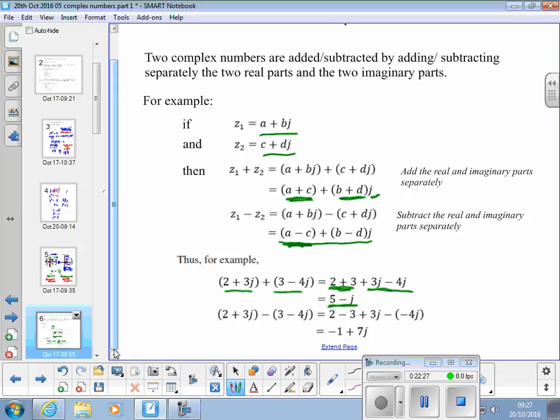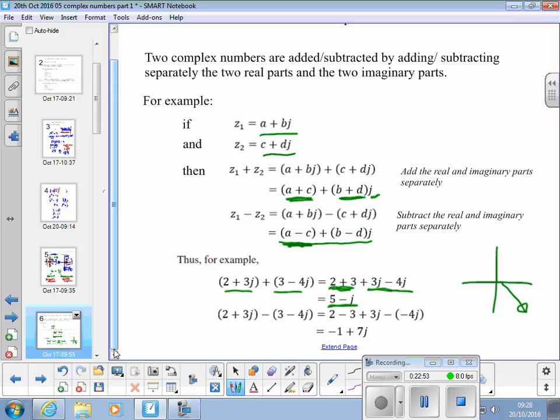What quadrant is that complex number in? Without looking at the diagram. Yeah, it's got a positive real part and a negative imaginary part. That's in quadrant 4.